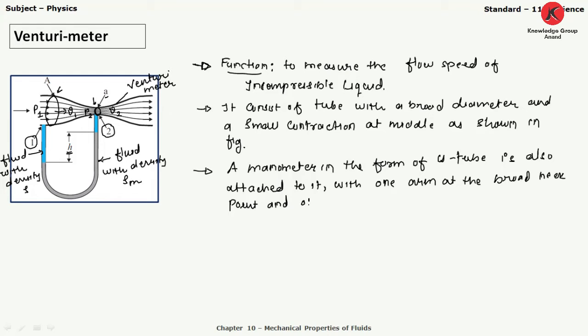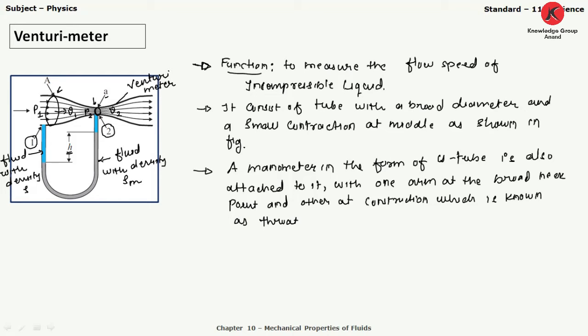the other at the constriction which is known as throat.